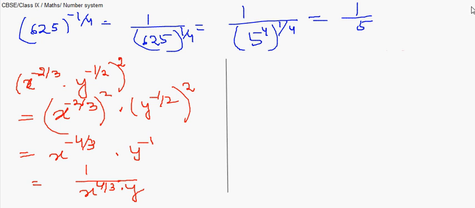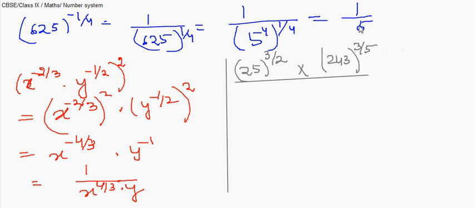Here I write the first question, which reads as 25 to the power 3 by 2 into 243 to the power 3 by 5, whole by, we have to simplify this question, 16 to the power 5 upon 4, sorry, into 8 to the power 4 upon 3.